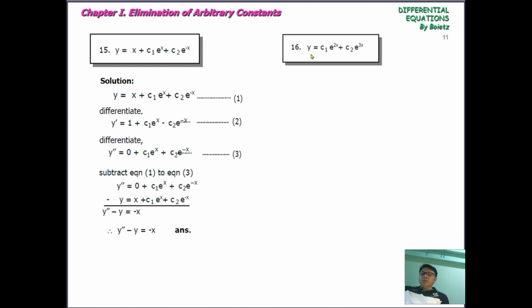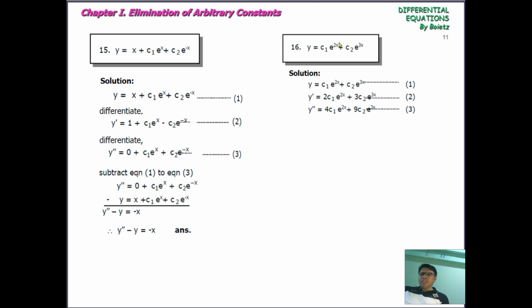Then this one, y is equal to c1 e to the 2x plus c2 e to the 3x. Pambihira to. Okay. Again, copy the solution. Then get the arbitrary constant. Ilan? Dalawa, C1 and C2. Then derivative ng e to the u, ito yon. Then, diretsahin na natin.